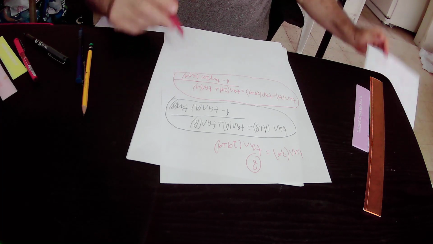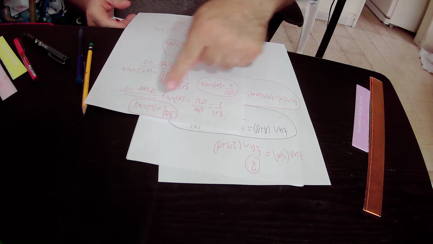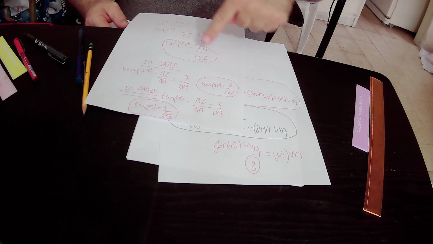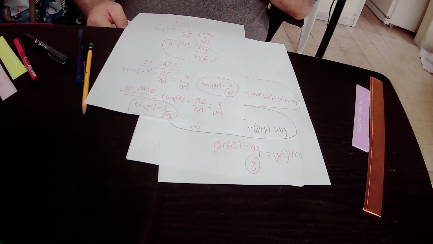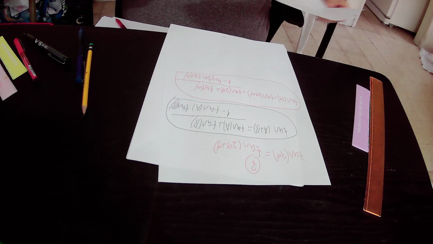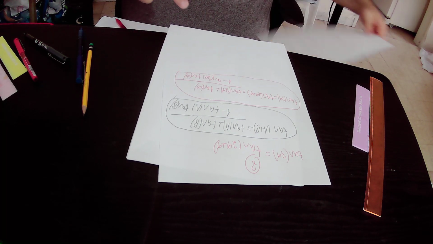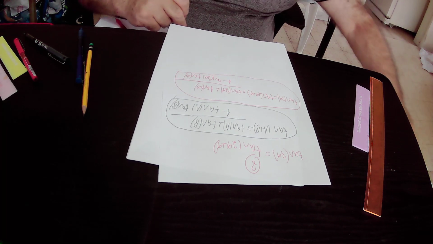We have already found out the values of tangent alpha, tangent 2 alpha, and tangent 3 alpha. So we actually can place the values of tangent alpha, tangent 2 alpha, and tangent 3 alpha that we found here in this equality.